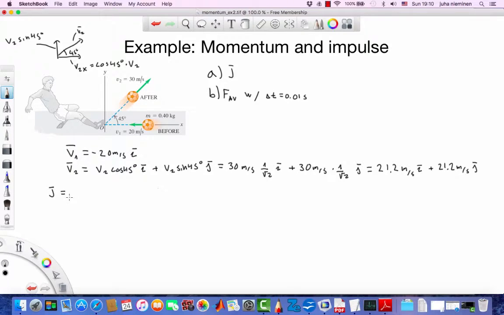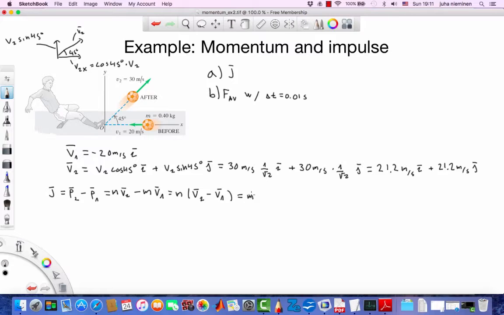So that's just the difference, or change in momentum. So it has to be P2 minus P1, and P2 is m times v2 and P1 is m times v1. So we get mass times the difference of these two velocities, v2 minus v1.